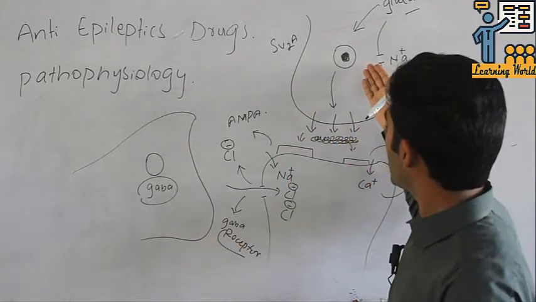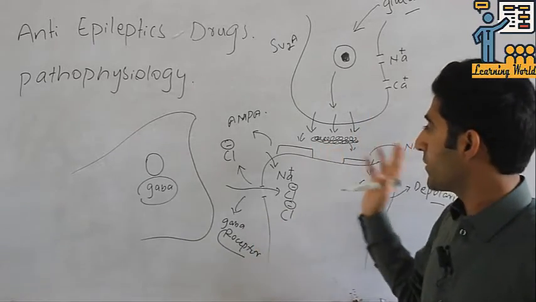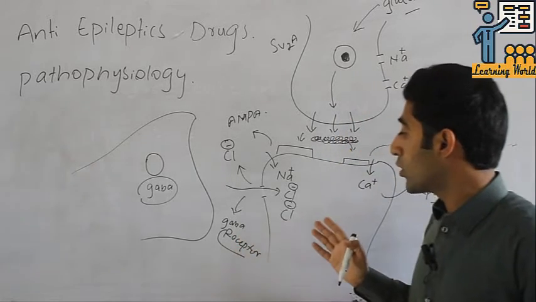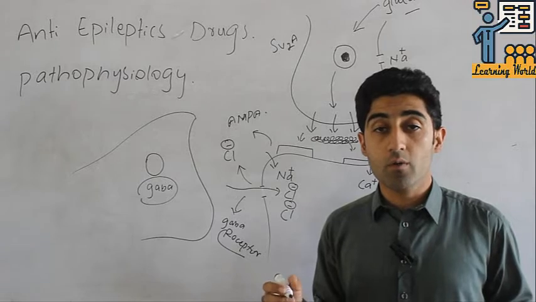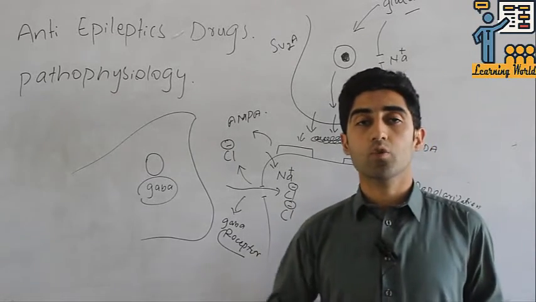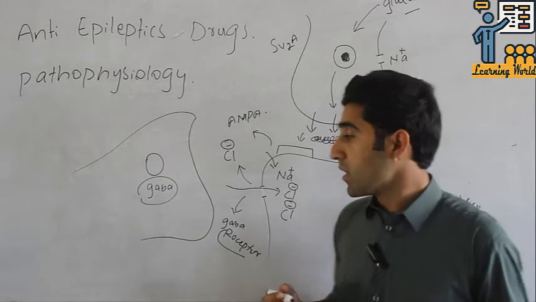So only glutamate will come toward the postsynaptic membrane's NMDA receptor and AMPA receptor, and they will show only the contraction of the body and rapid firing. Rapid excitation will occur, so jerky movement of the body will occur. Sometimes seizures will occur.